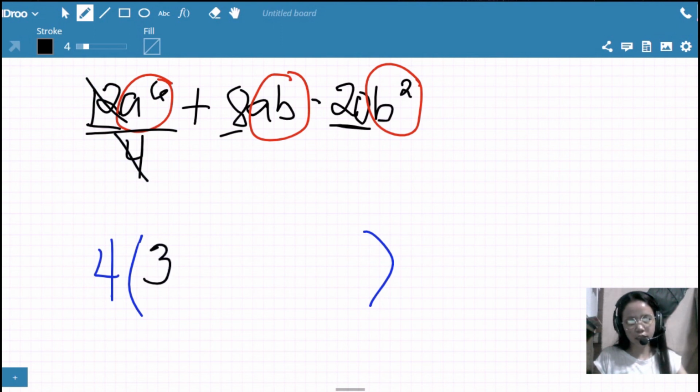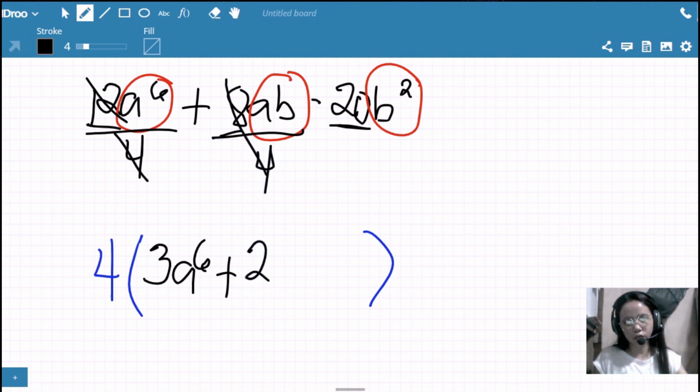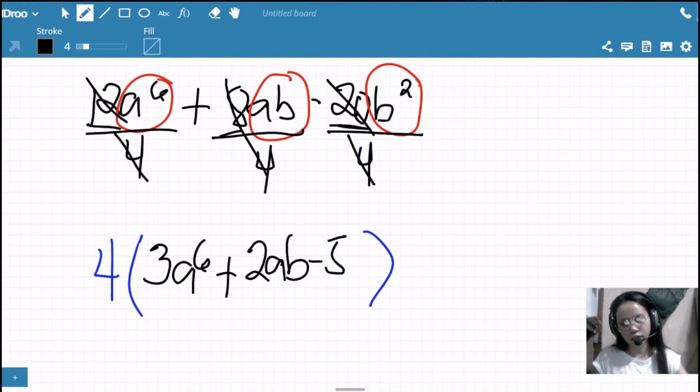And then just simply copy the variable a raised to 6, plus 8ab divided by 4. 8 divided by 4 is 2. And then copy a times b, minus 20b squared divided by 4. So 20 divided by 4, that is 5. And then copy the variable, which is b squared.